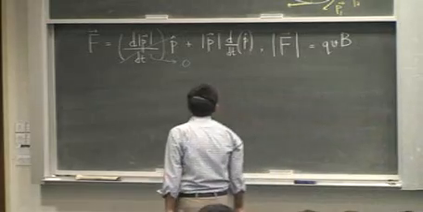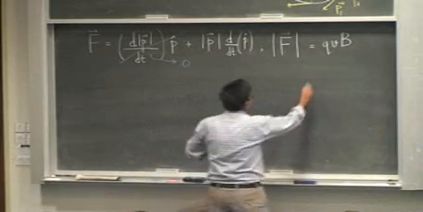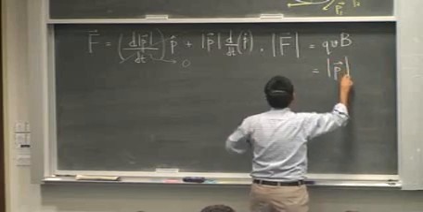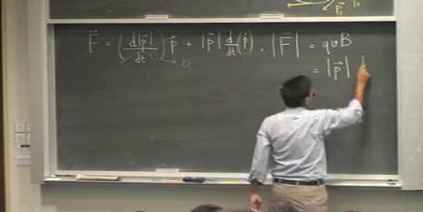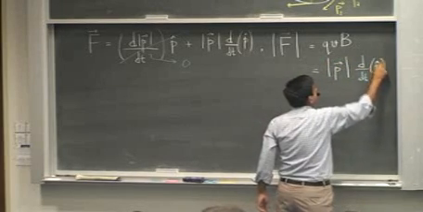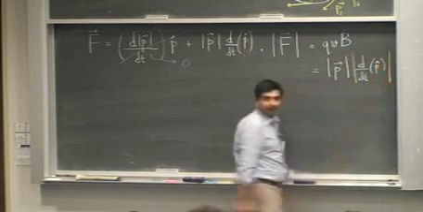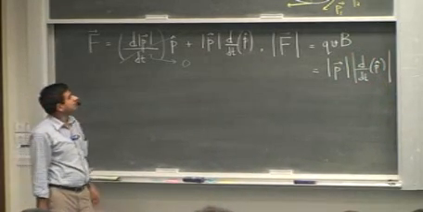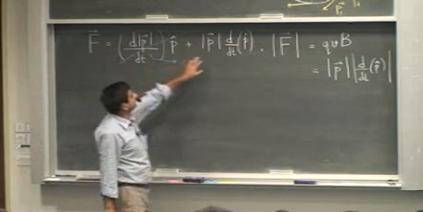Now what I am interested in, and this must also equal the P vector's magnitude times the magnitude of this derivative. Do you agree with me on this point? The magnitude of this force equals this magnitude.